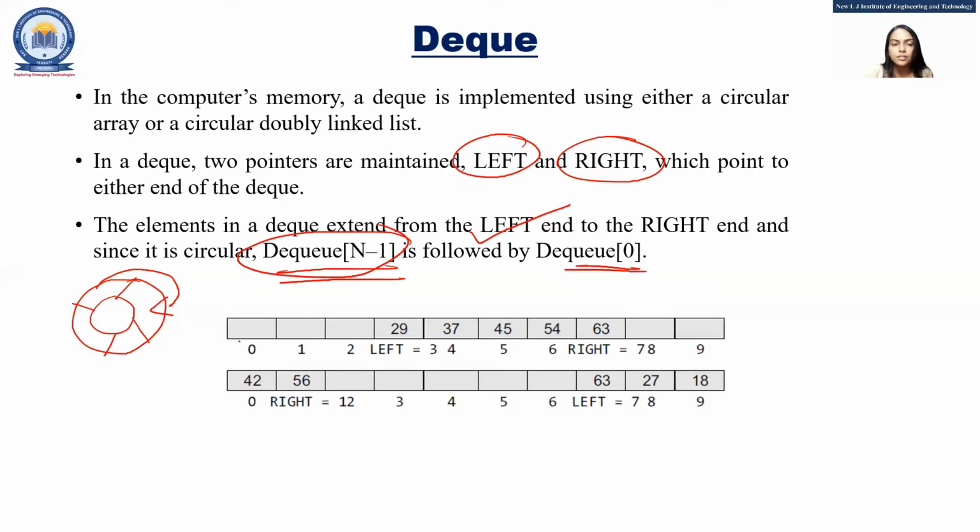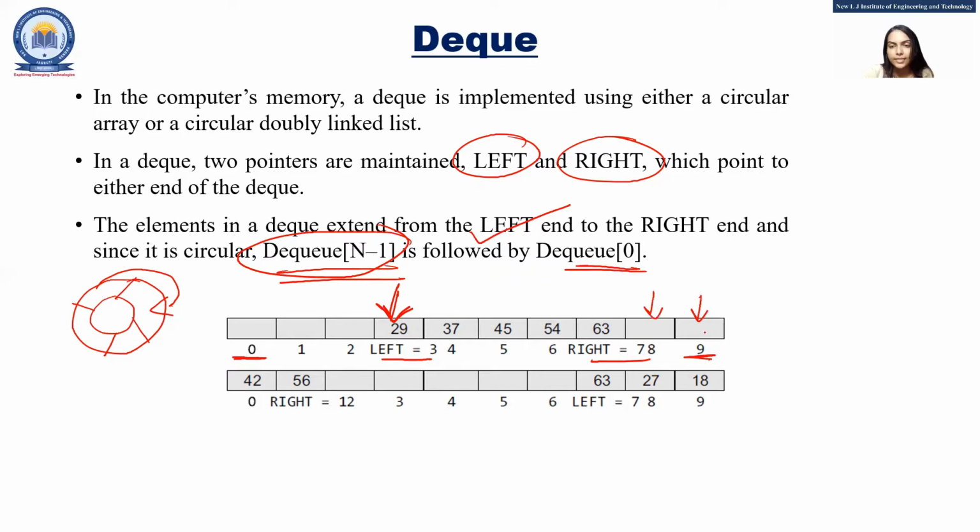So, if we consider this circular array representation, it starts with indexing 0 to 9. The first element currently is basically the third element. So left pointer is here and here is the right pointer. Now, if we insert two more elements, they will be inserted here and here.